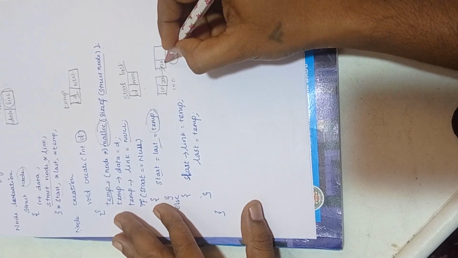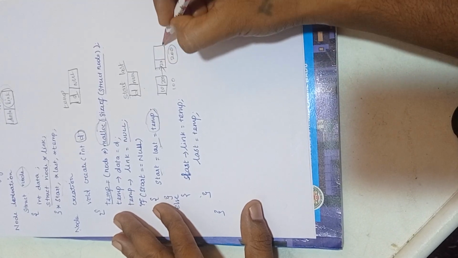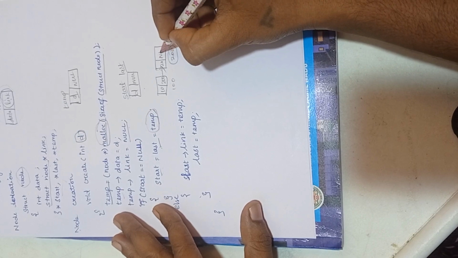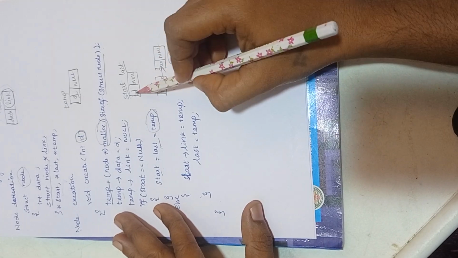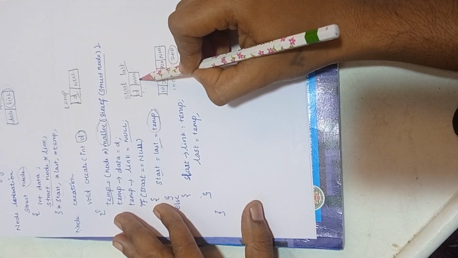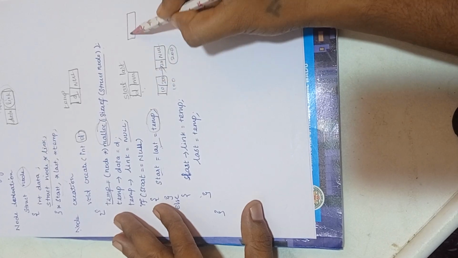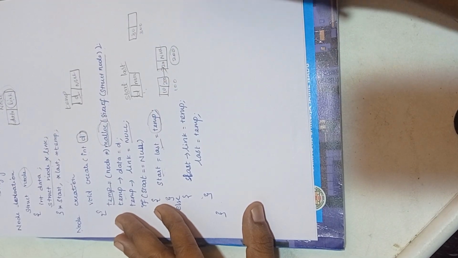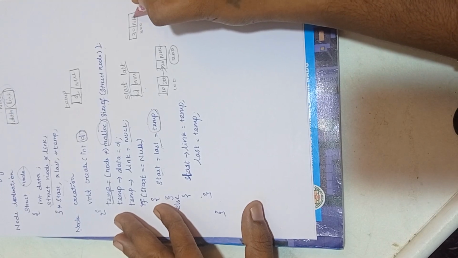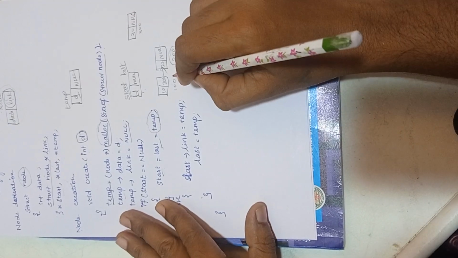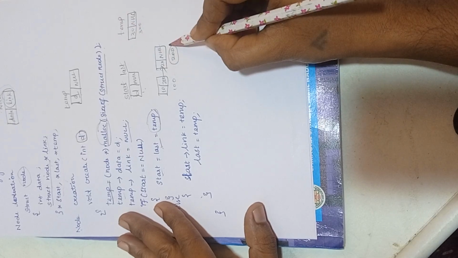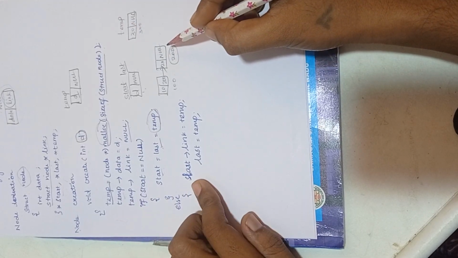The data of the node at 200 is 20. It has no next node, so it should be a null value. Now we want to insert node 30 at memory address 300, whose link part is null.